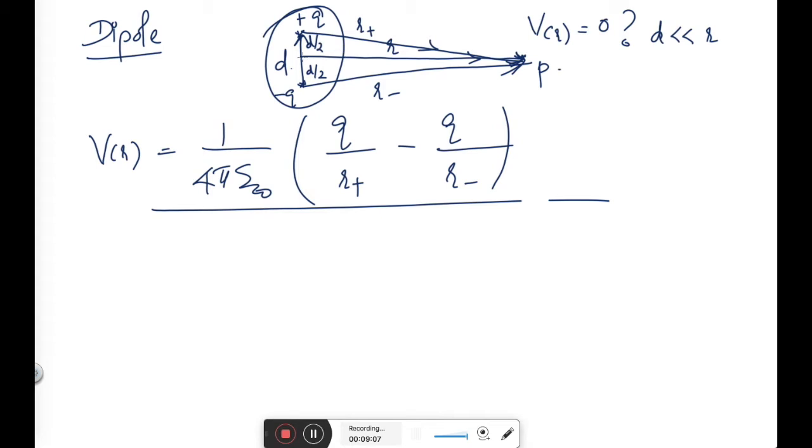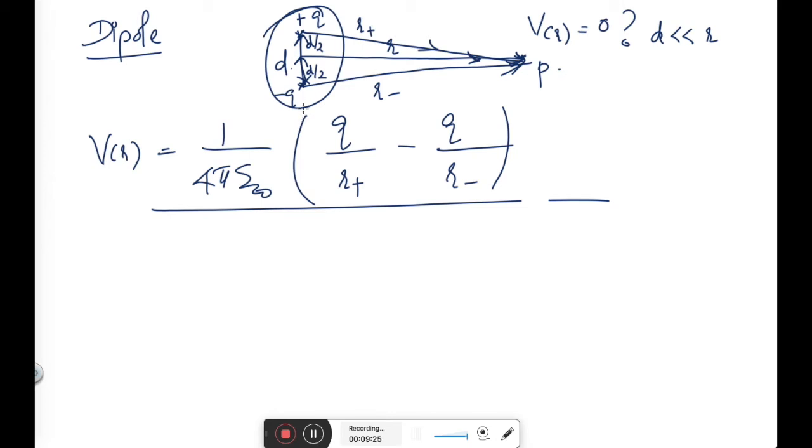So you can write r plus as the vector r minus d by 2, and r minus as r plus d by 2.